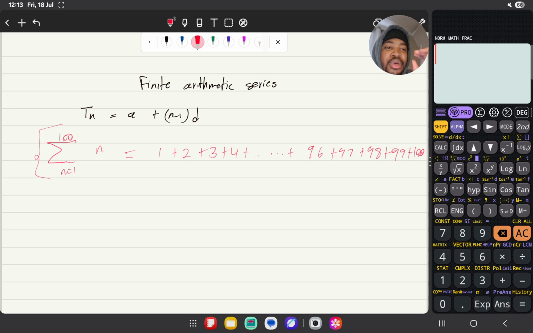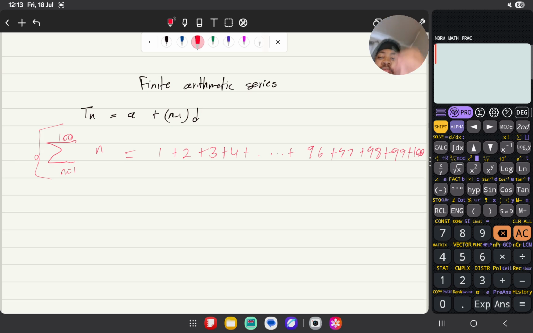So we're going to derive something that helps us find the sum without doing all of this calculating.